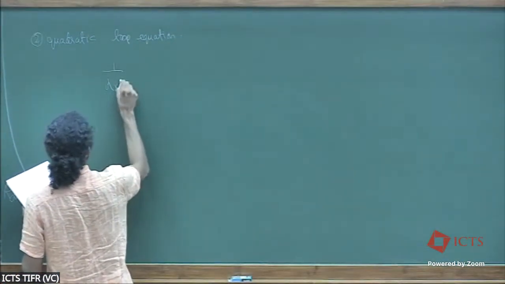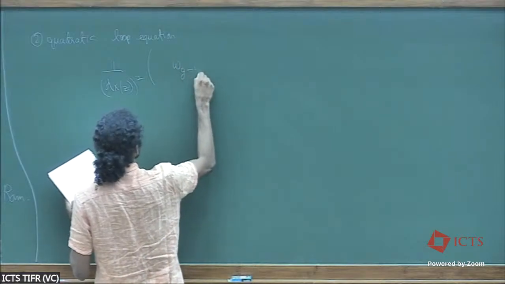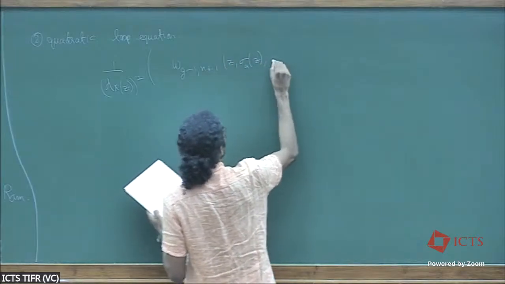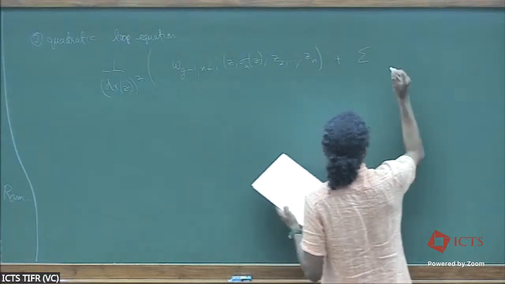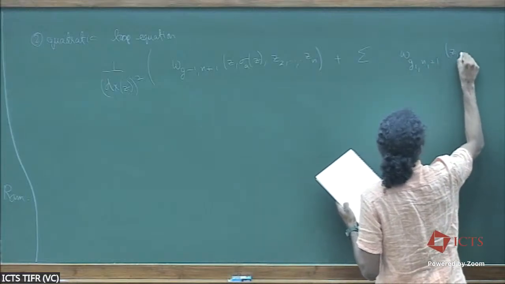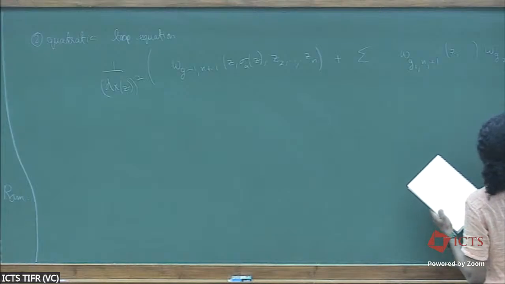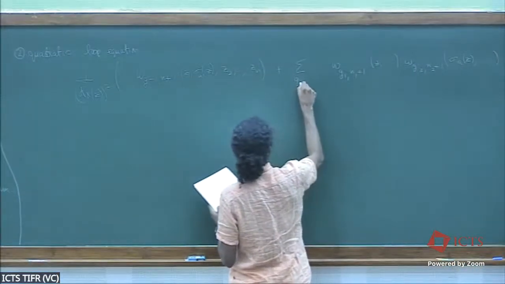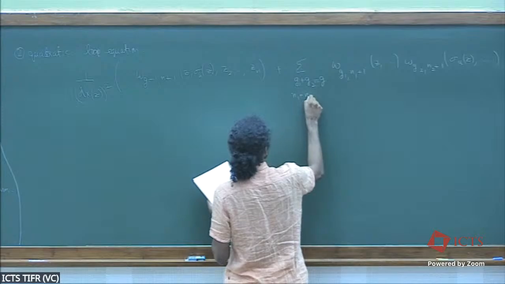It says that if I look at the stuff appearing in the topological recursion formula, so there was this omega g minus 1, n plus 1 evaluated at z and sigma of z, and then z2 to zn, plus the sum over g1, n1 plus 1 at z, and so on. Here is the usual sum, over g1 plus g2 equals g, n1 plus n2 equals n.